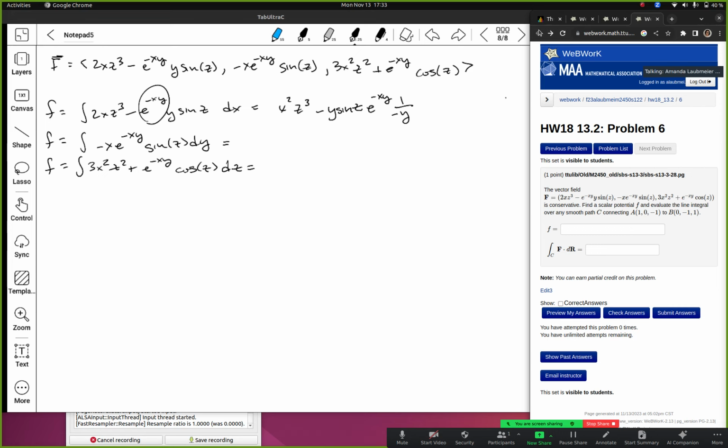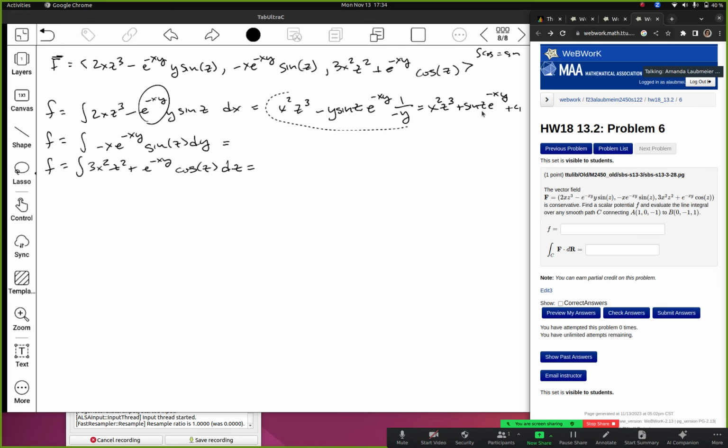Oh no, I needed that. Okay. And you might see right now that that minus y and minus y are going to cancel out. What we're going to have is x squared z cubed plus sine z e to the minus xy plus that potential unknown constant c1, which is a function of x and y and z.